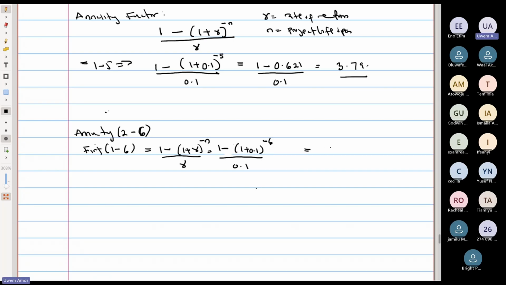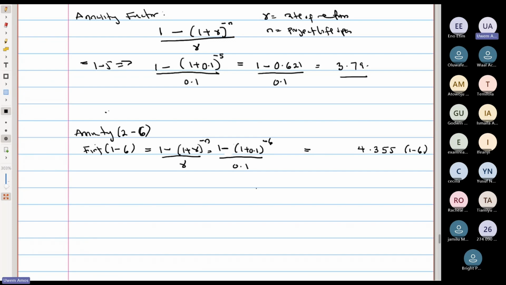So that is 4.355. Now this is year 1 to 6. But we're interested in year 2 to 6. So we need to take out the years that we're not interested in.